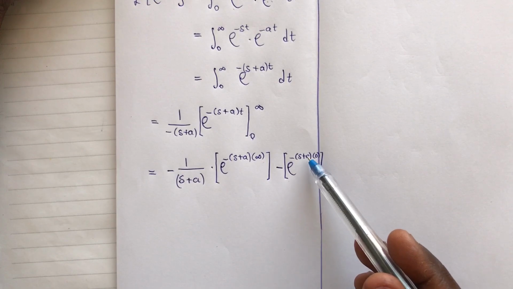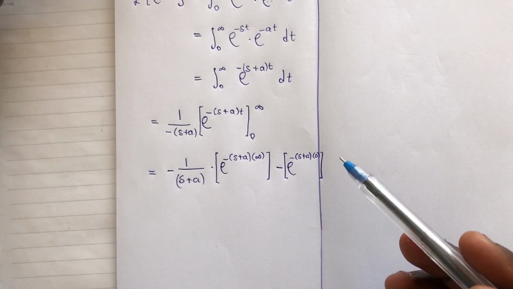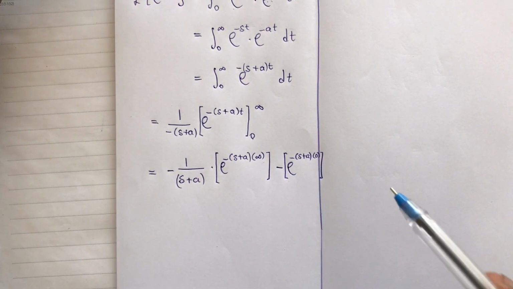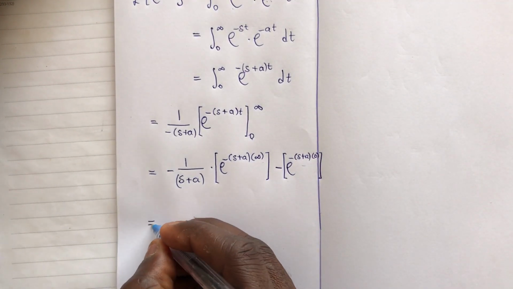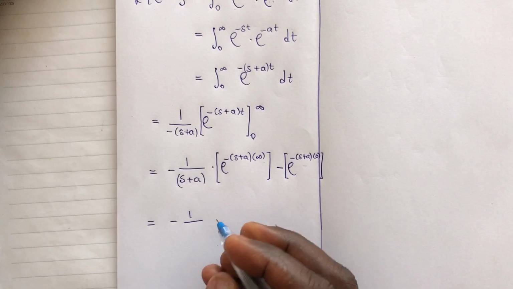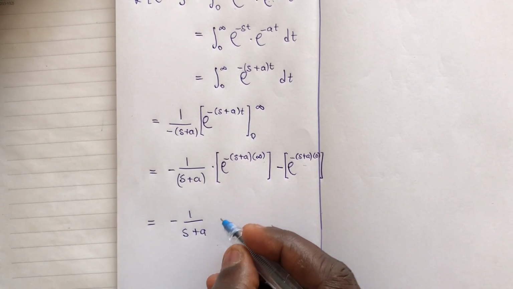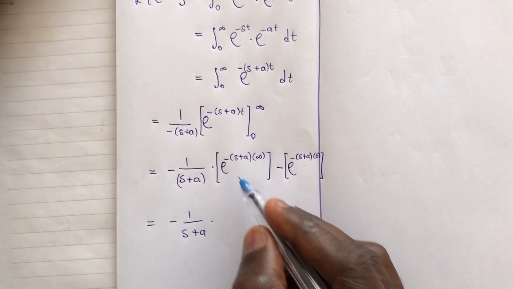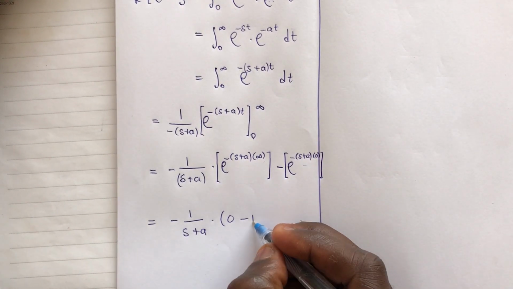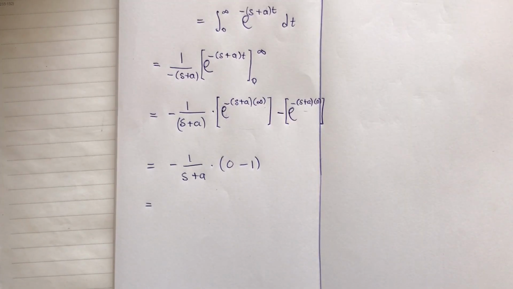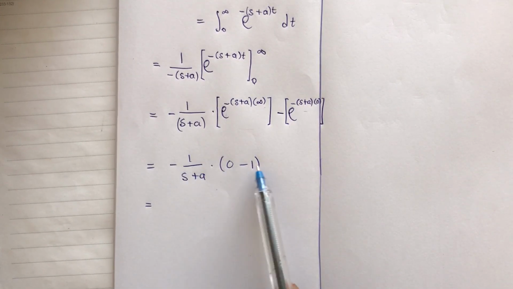Now for this side, we know that when we raise a variable to the power 0, the result is 1. So this side, we know we are having what? 1. So now this result becomes negative 1 over s plus a times, now this side is 0, so we have our 0, and this side is 1 minus what? 1. Now in our next step, we use this to open bracket.